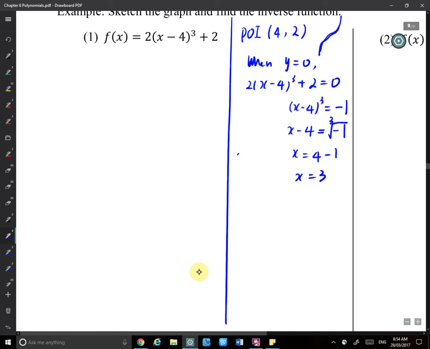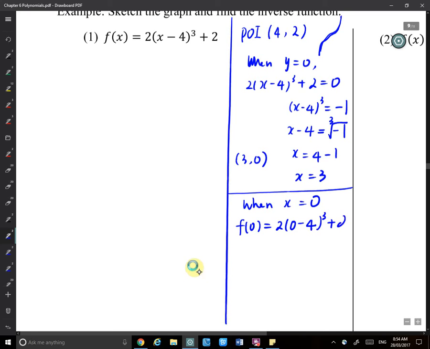So (3, 0) is the x-intercept. Let's look at the y-intercept. It's when x equals 0. There will be some terrible numbers. So f(0) gives you 2(0 minus 4) cubed plus 2. That equals 2 times negative 4 to the power of 3 plus 2.